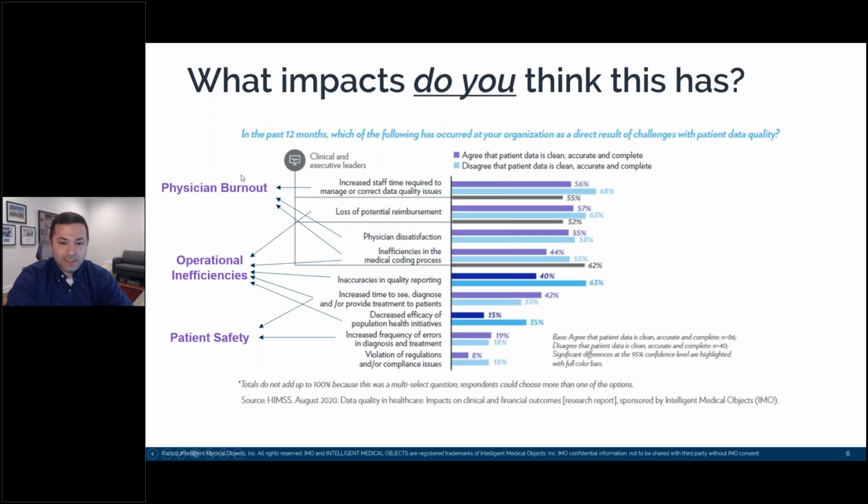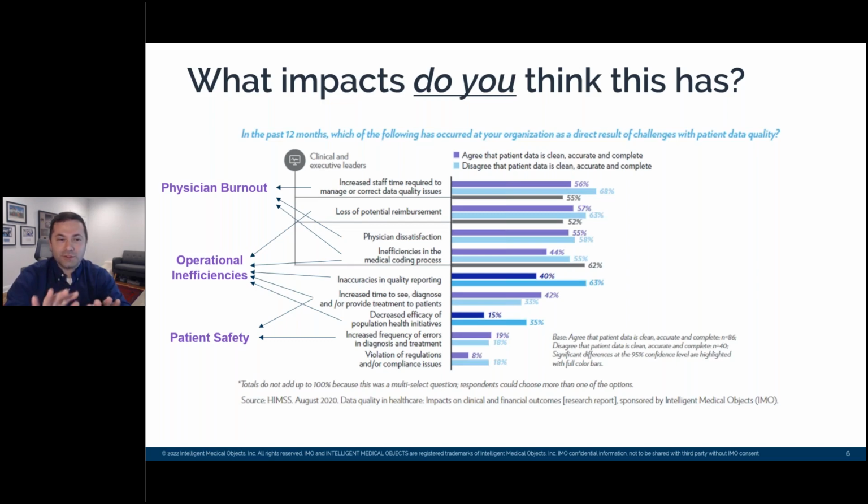And in 2021 and 2022, the big focus of organizations has been on physician burnout. But to address this problem, you have to lean on the subject matter experts, the clinicians, to manage and maintain that kind of data because they are the experts, and they are focused on documentation and documentation improvement initiatives in the first place.